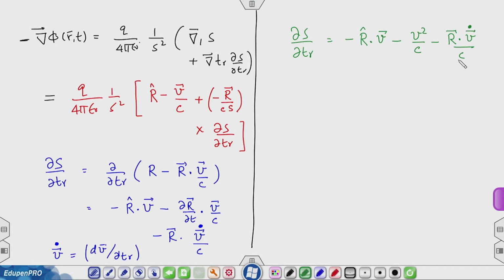dr by dt, this is with a plus sign, because r naught comes with a minus sign.